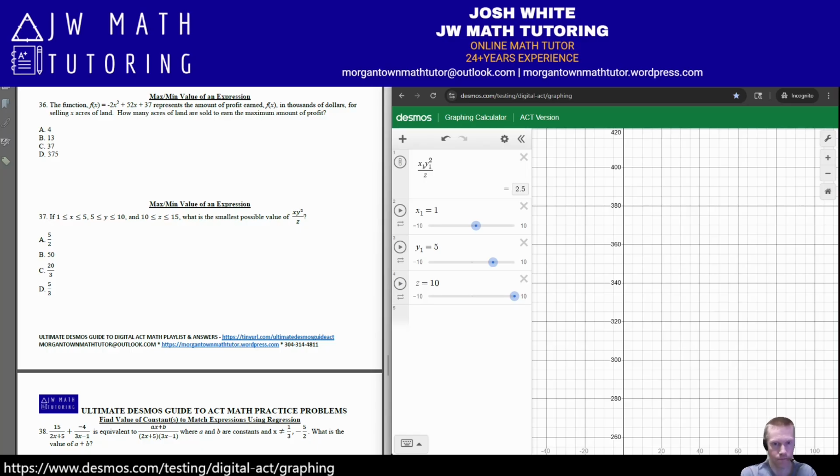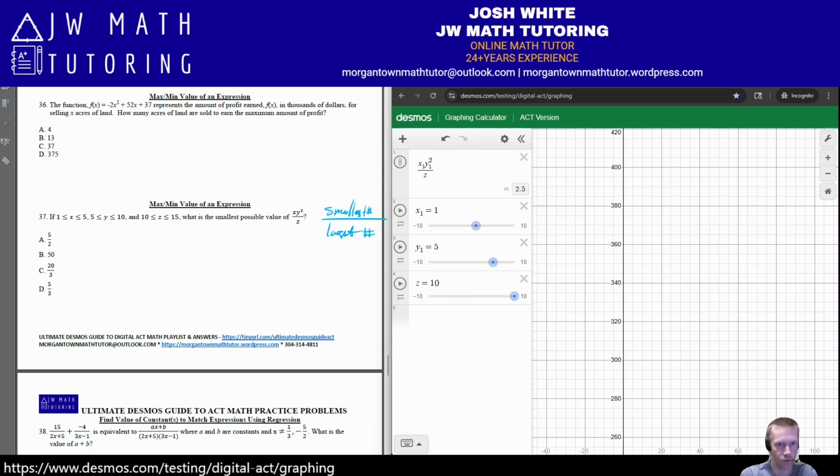Notice also, and most of you can probably realize this, that the x's and y's are in the numerator. If you want the smallest possible value here, you want the smallest number on the top and the largest number on the bottom, in the denominator.